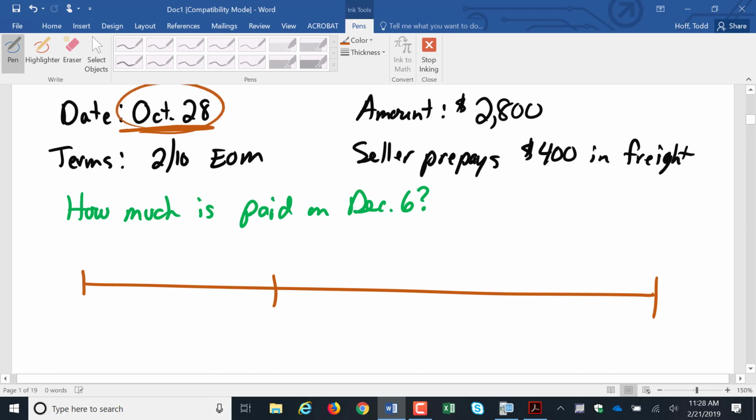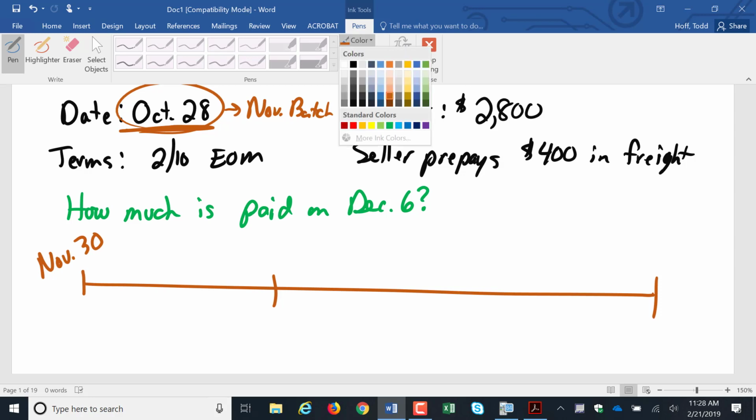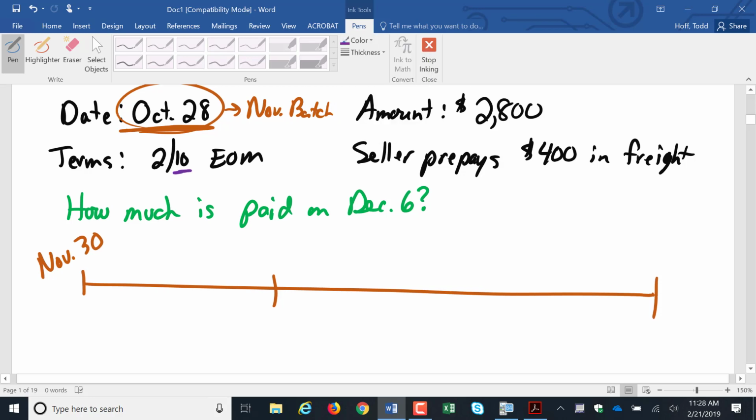So this ends up going into the November batch. So the last day of November is the 30th. So this is effectively dated November 30th, which means 10 days, that 2% discount ends on December 10th. And of course, December 30th is the end of our credit period.